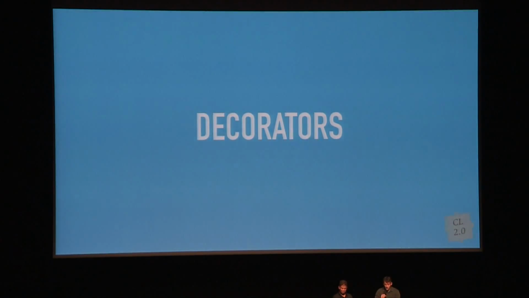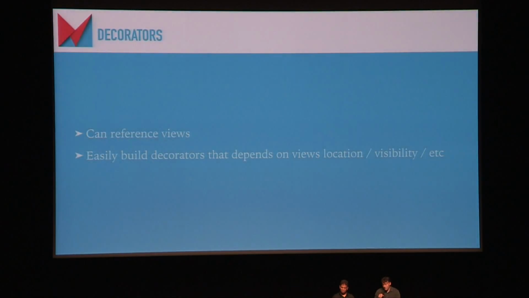So one nice example of a helper object like that is the idea of decorators. Again, a decorator will allow you to reference multiple views. The idea is that there is a certain class of views, or stuff that you want to display on screen, that essentially wants to be defined in terms of other objects.